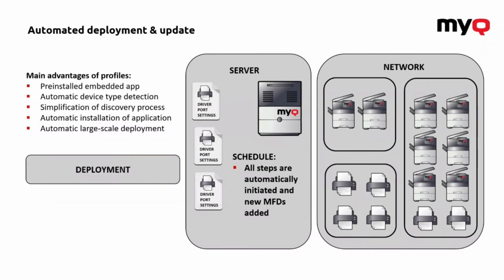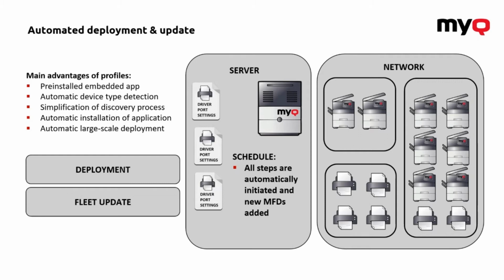At the same time, it could be really handy when it comes to the fleet update. If you're replacing all machines with new ones, you will again just set the task to initiate all this. And when a new machine is added, the system will automatically update it, apply all settings, and install the embedded terminal.